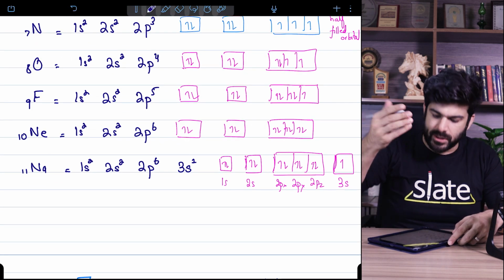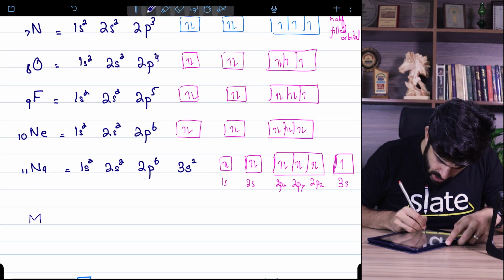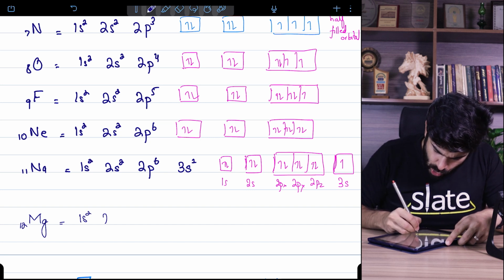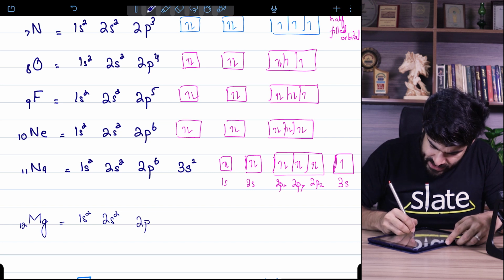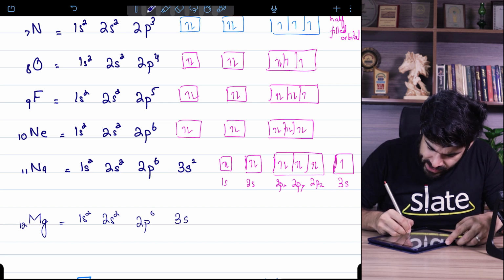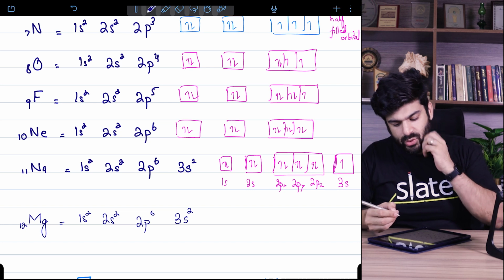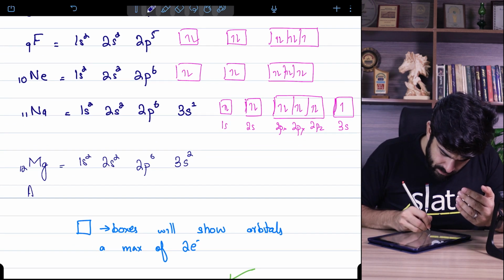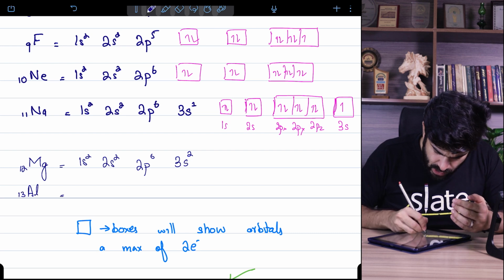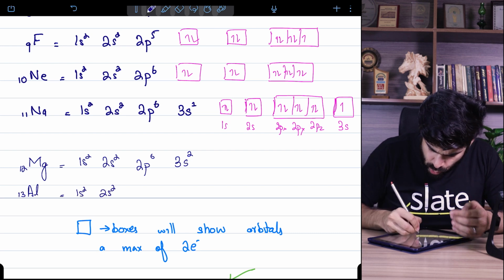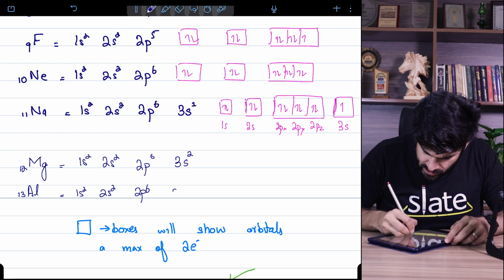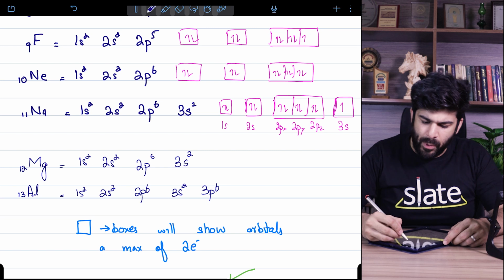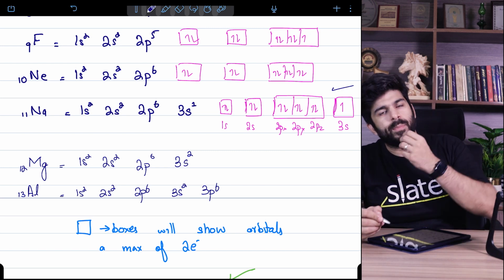For instance, after sodium we have magnesium: 1s2, 2s2, 2p6, and 3s2. And for aluminum, we will jump to 1s2, 2s2, 2p6, 3s2, and then 3p6. We will keep on adding electrons in orbitals.